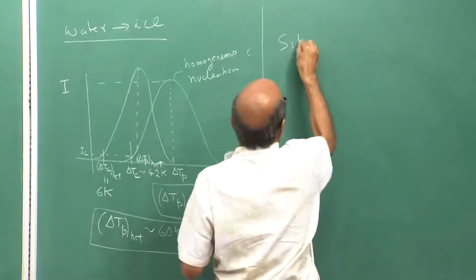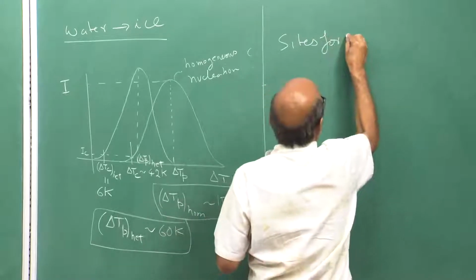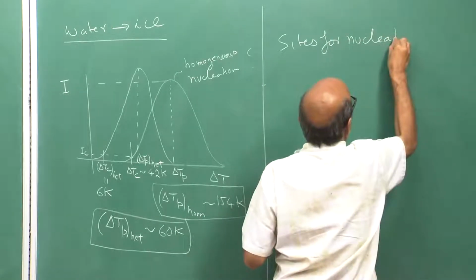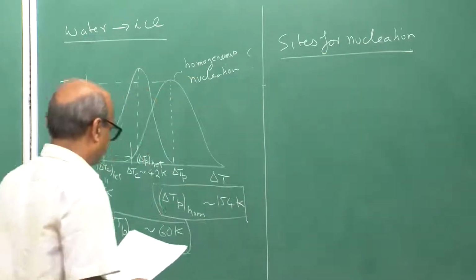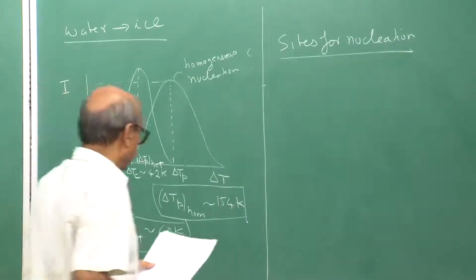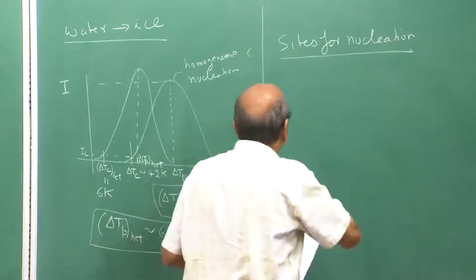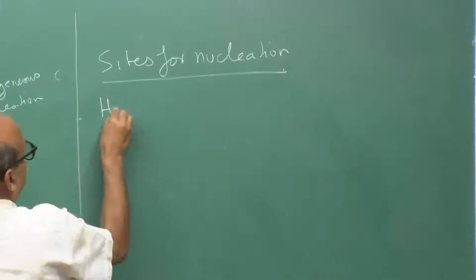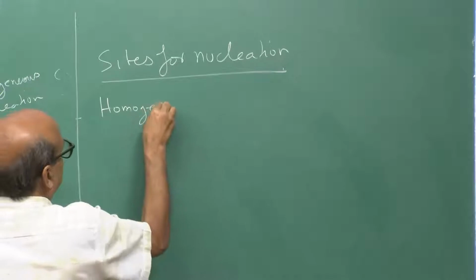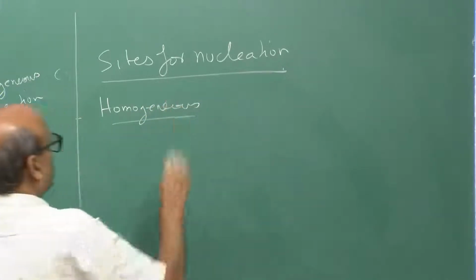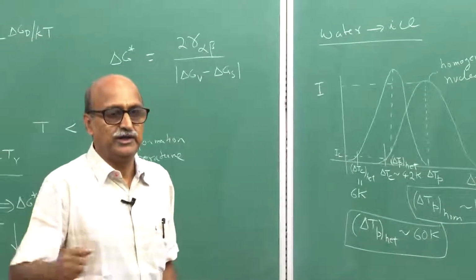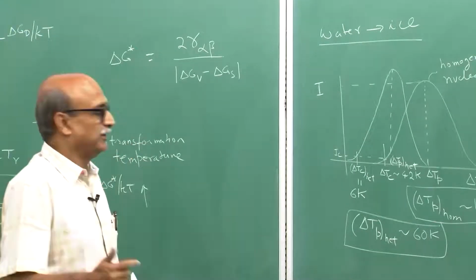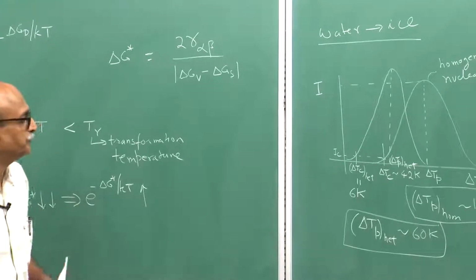Sites for nucleation. In the case of homogeneous nucleation, all possible atomic sites in the parent phase are sites where nucleation can take place.